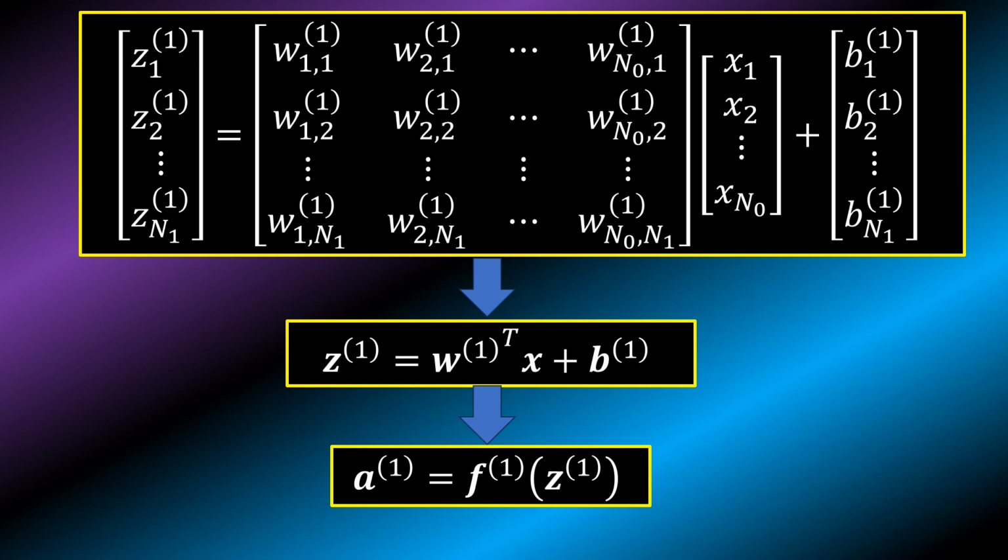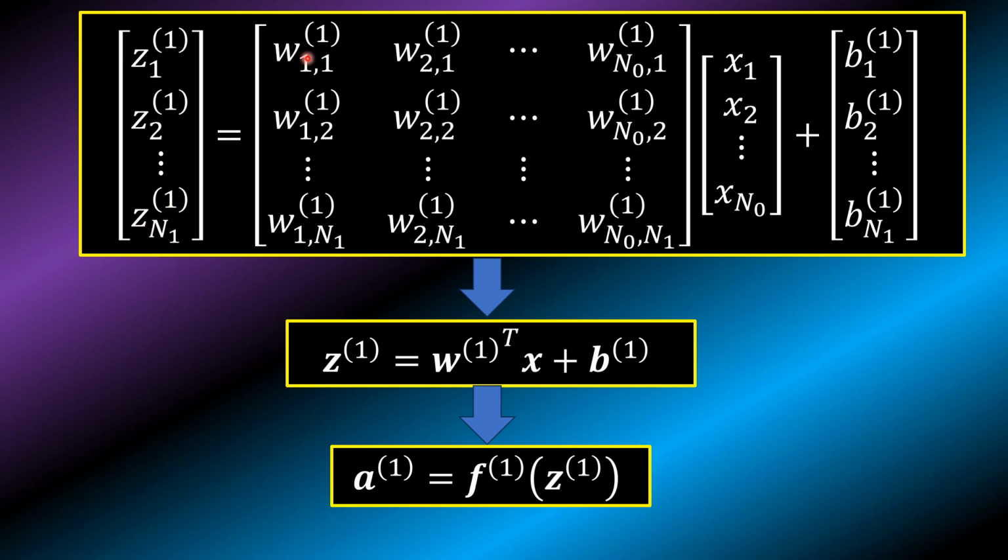So then we have z1, z2, z3, all the way up to z capital N sub 1. That's all of the weighted sums in the first hidden layer because there are N1 neurons in the first hidden layer.